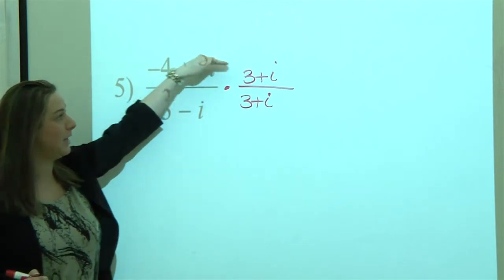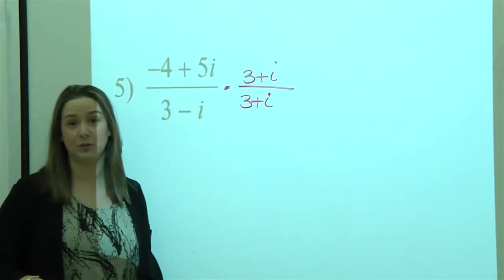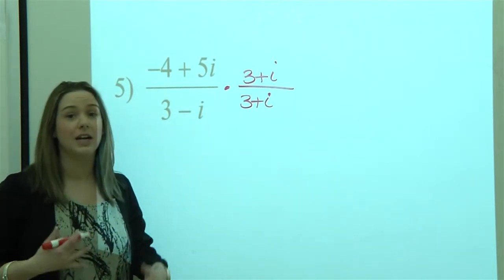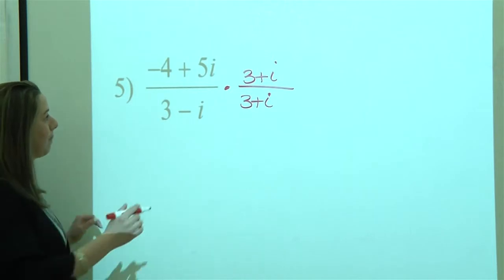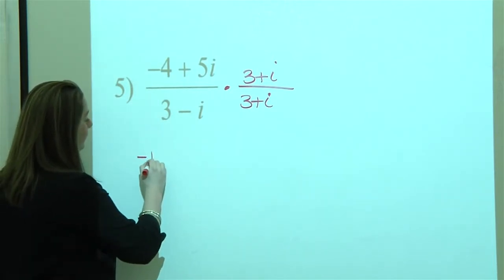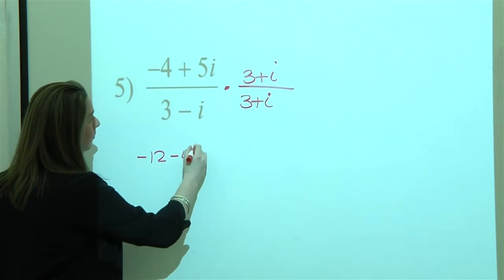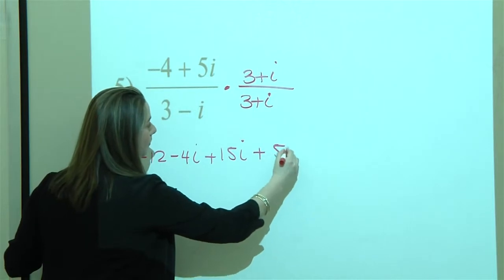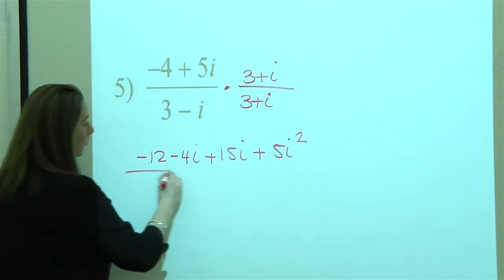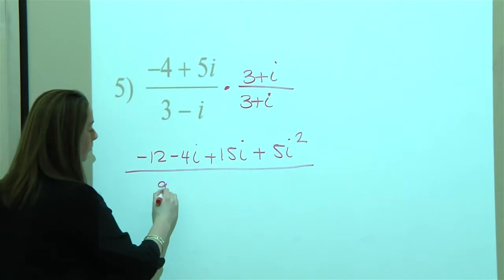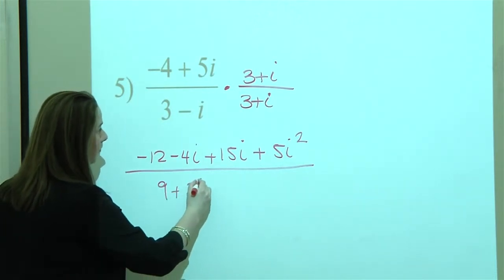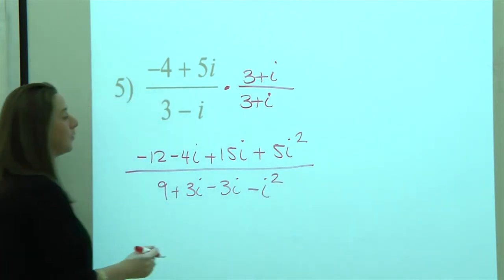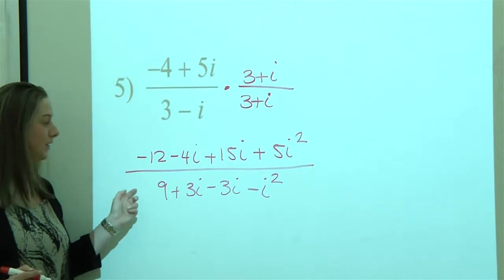So we're going to now multiply the two numerators together using the methods we already talked about for multiplying complex numbers, and multiply the two denominators together, and then simplify whatever we can do. So when I do that, I get this in the numerator and this in the denominator.